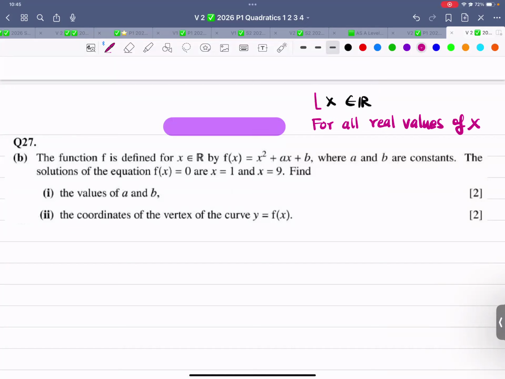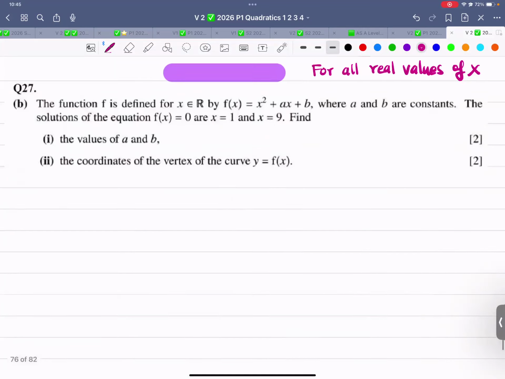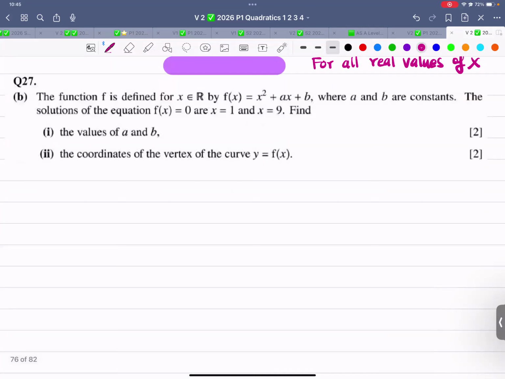That is the symbol. The function is defined where a and b are constants, the solutions of the equation are such and such. This is the same type of question that you just saw about the roots. So now f(x) is equal to x squared plus ax plus b. And 1 and 9 are the roots of the equation.